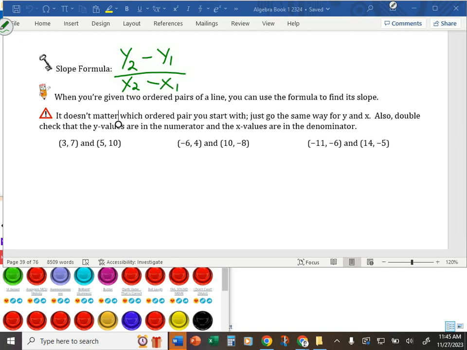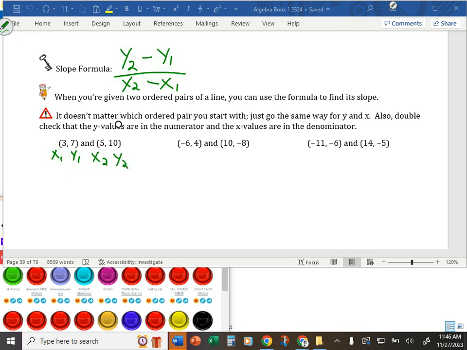Okay? And so when Nolan said label these, I mean, if you want to label your ordered pairs, what's x1 and y1? Well, it's the first x coordinate and the first y coordinate, right? It's the x value and the y value in the first ordered pair. x2 and y2 refer to the second x and the second y.